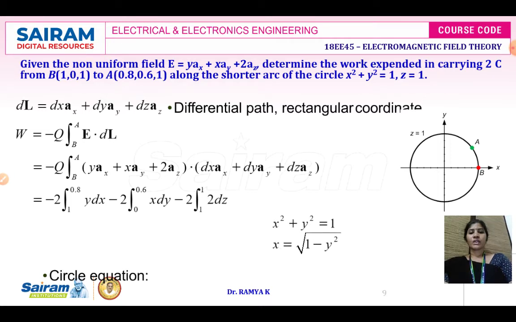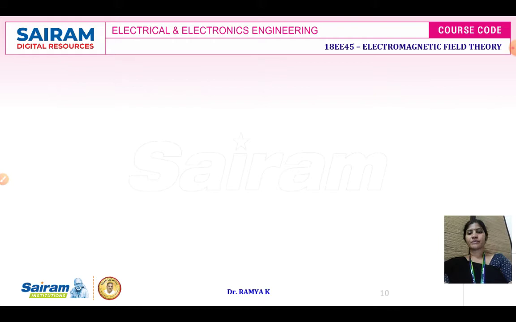From this, you can write x = √(1 - y²). So you need to replace y in terms of x: from the given circle, y = √(1 - x²).